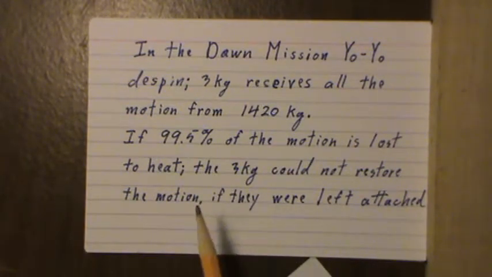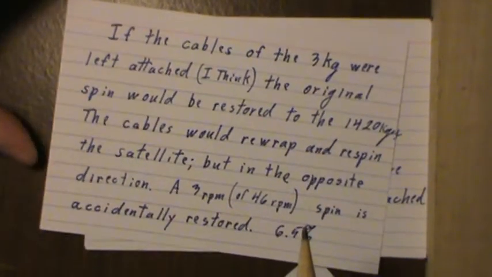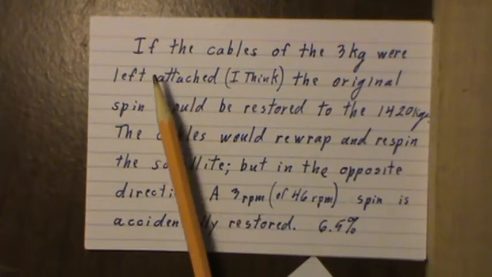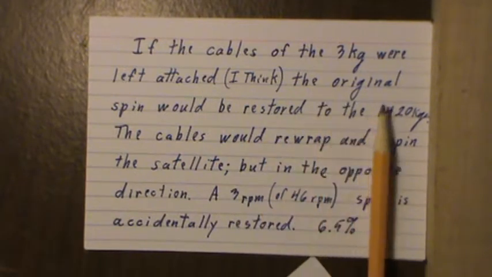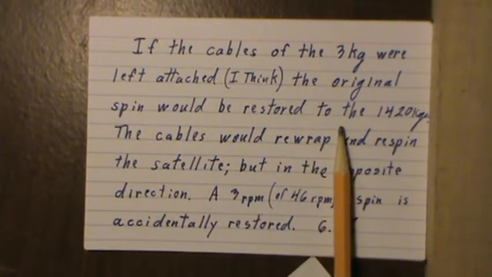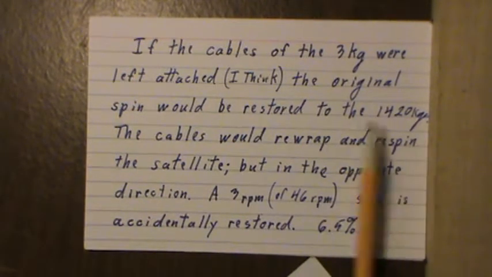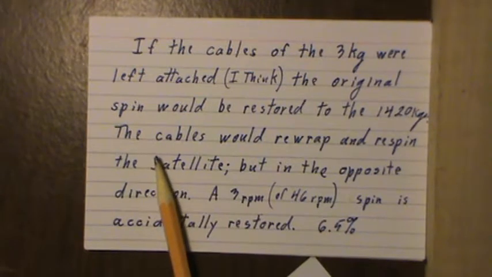By them spinning out on the end of the cable, the spinning stops, and then they release the cables with the masses. If the cables of the 3 kilograms were left attached, the original spin would be restored to the 1,420 kilograms. That seems like common sense to be able to say that.